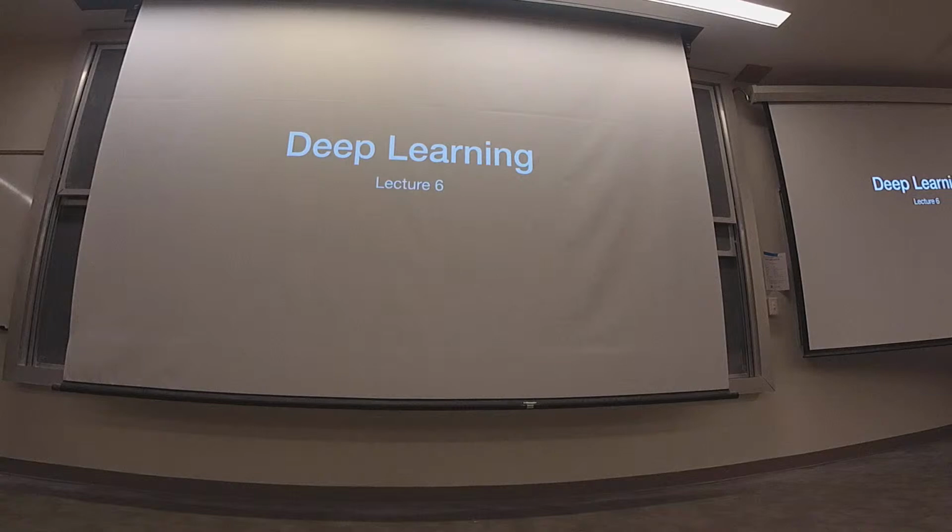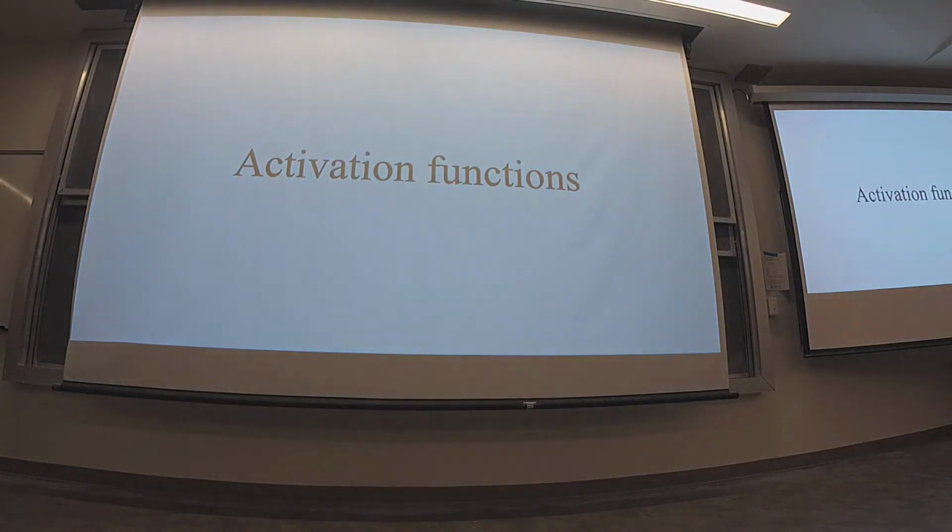Okay, good. So today we're going to talk about activation functions for about half the time, and then the other half of the time we're going to look into our first neural networks.